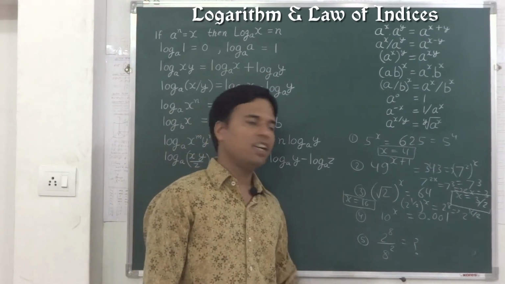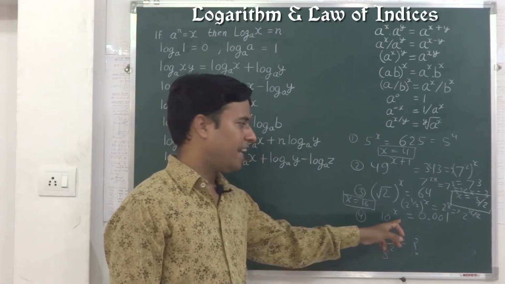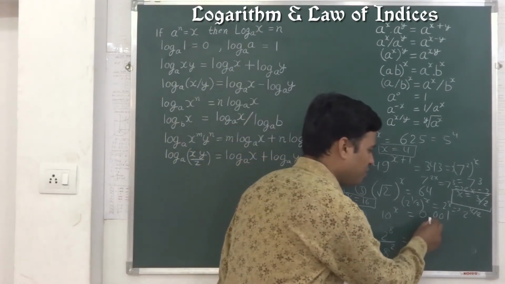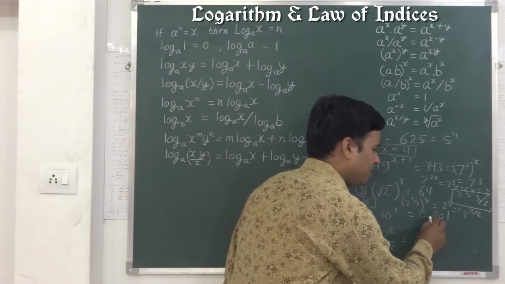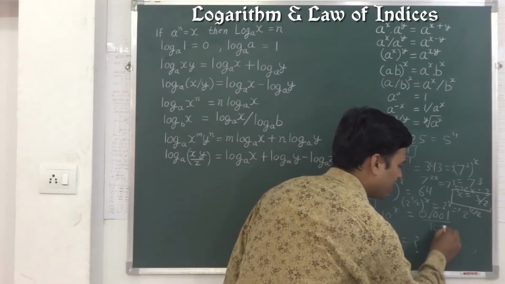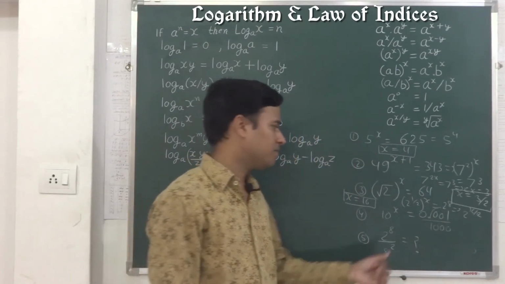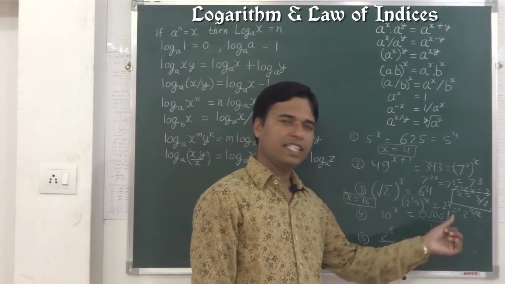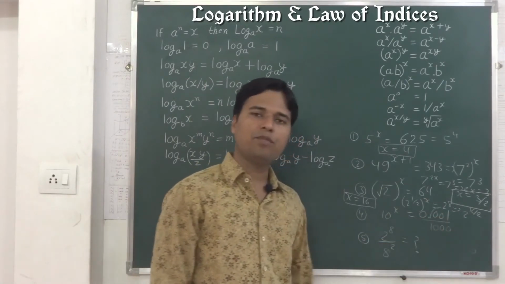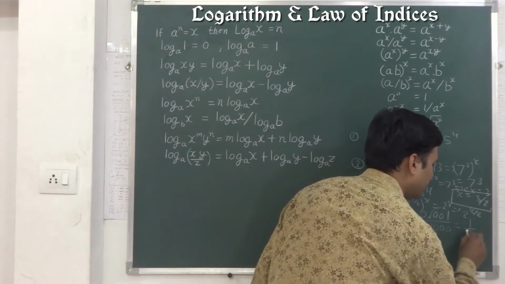We will change both sides to the same base. 0.001 can be written, using the same method, by replacing the decimal, as 1 upon 1000, based on the number of terms after the decimal. So 10 power x is equal to 1 upon 1000, that is equal to 1 upon 10 power 3.